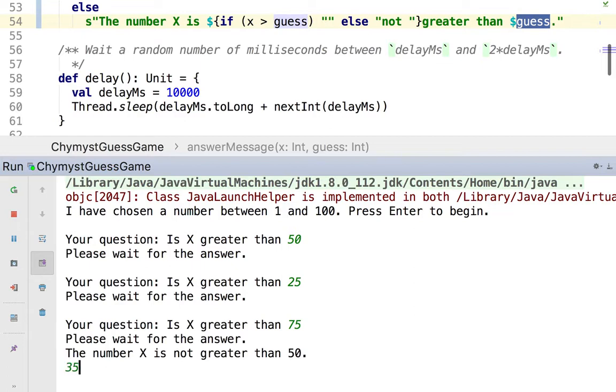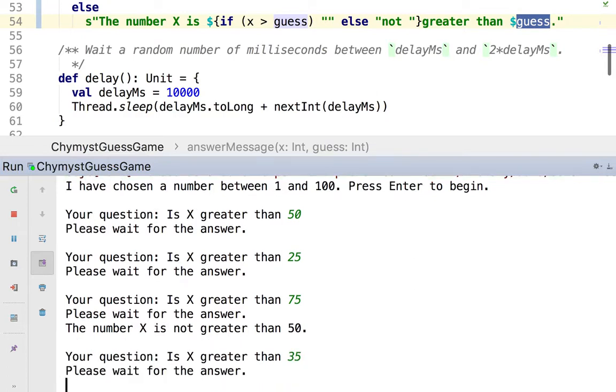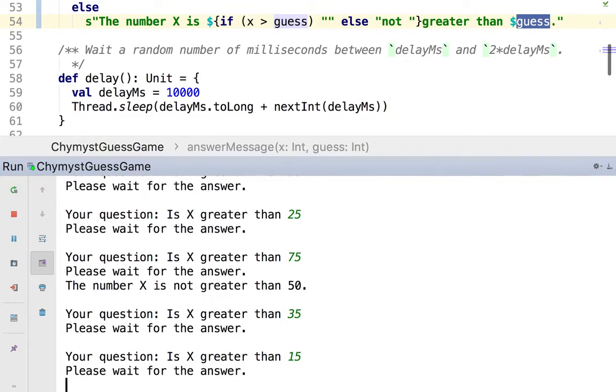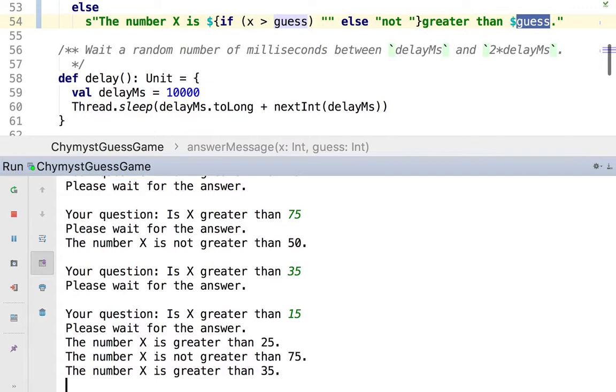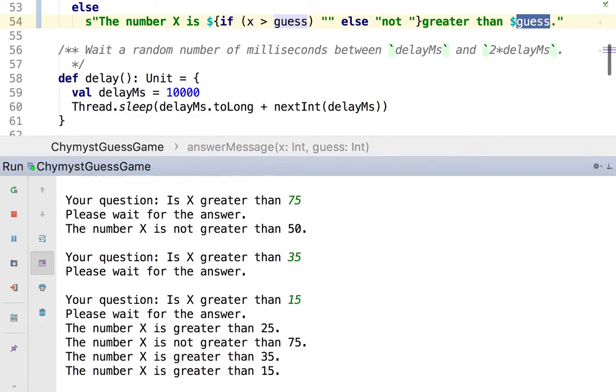Let me do 35. Let me do 15. I just let it wait a little. But I could keep asking questions. Okay, it's greater than 35 and less than 50.